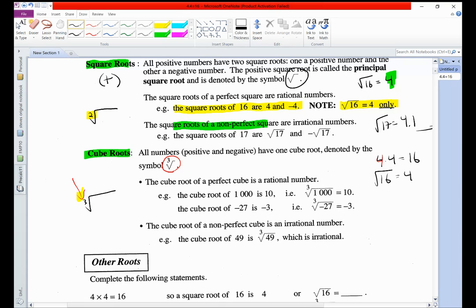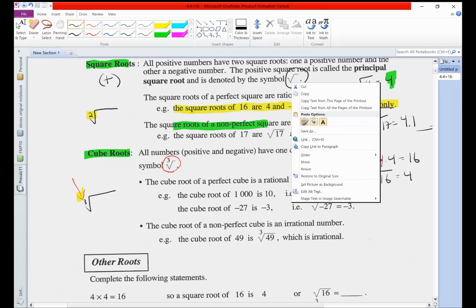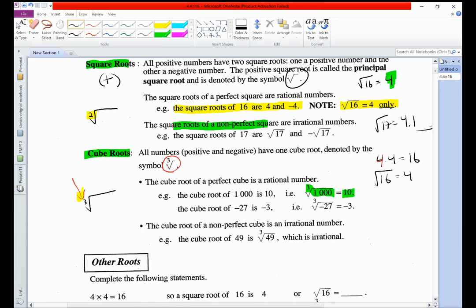It shows you here the cube root of 1,000 is 10, which means that if you multiply 10 times 10 times 10, you will get 1,000. Same thing with the cube root of negative 27, which is going to give you negative 3.